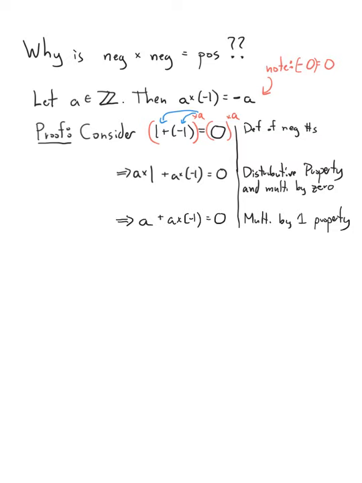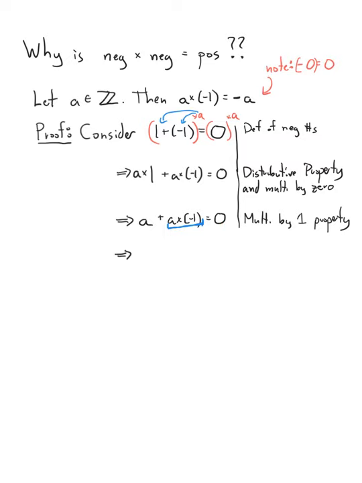Now, I'm going to resist the urge to simplify this, because remember, we have to pretend like we don't know what this simplifies to. We have to solve for it. We're treating this like an unknown, this a times -1. Well, let's look at it like this. There's a couple ways to look at it, but maybe the easiest way is I have a plus some number equals 0.